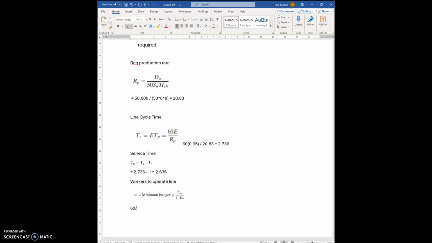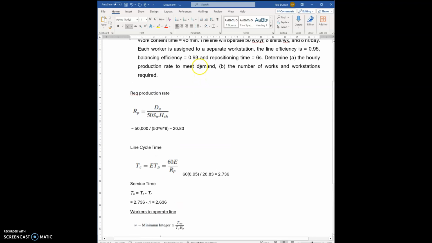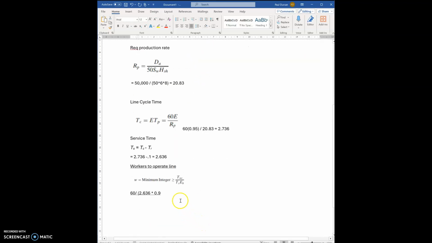So it's 60 divided by, opening our bracket, our TS that we're after, which is 2.636, multiplied by the balance efficiency, which is 0.93. I said 0.94 at first, but it was 0.93 up here.